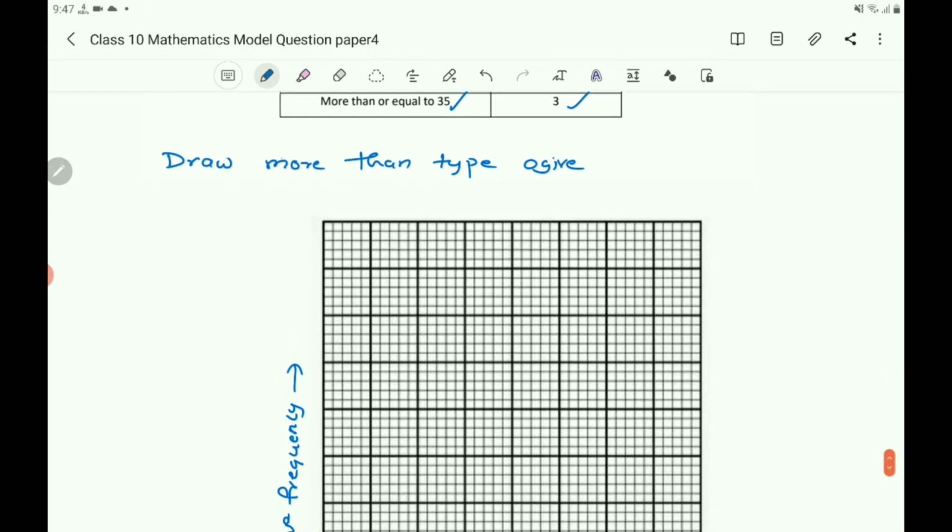That is on the x-axis, what you have taken, the scale is, right, scale on x-axis. I have taken 1 centimeter equals 5 units.